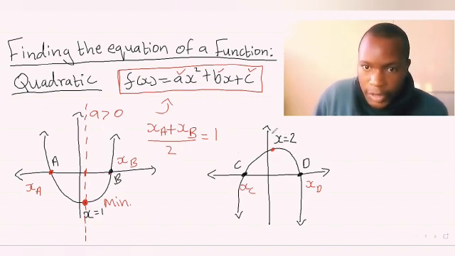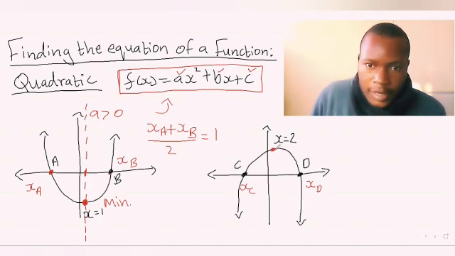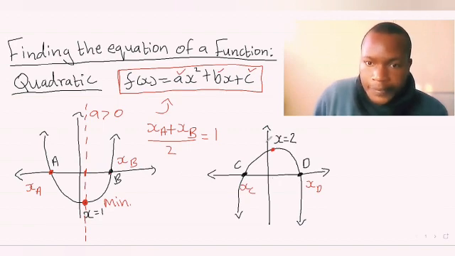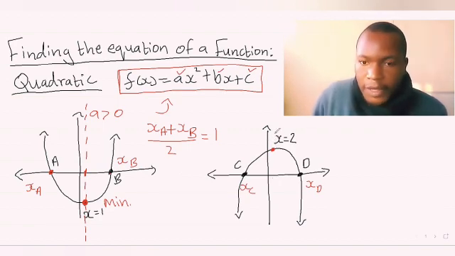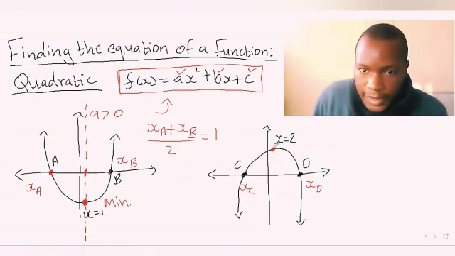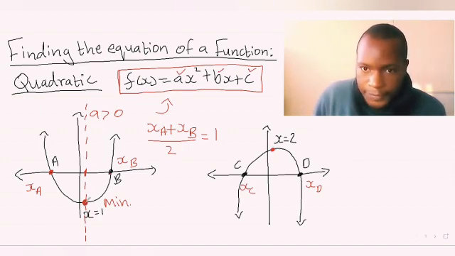By the way, the maximum and minimum usually apply to the y values, so this would be a maximum y value, whilst this here would be a minimum y value.